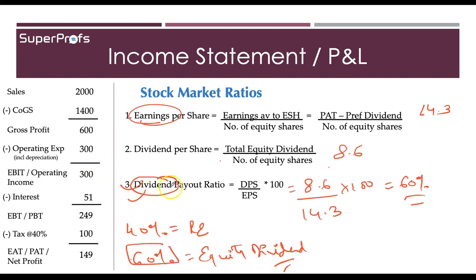Basically, what is the payout of the dividend, which is the equity dividend? If from the total earnings available to the equity shareholders you are taking 40% as retained earnings or in the reserve and surplus, 60% is left, and therefore this is your dividend payout ratio. You can use 8.6 by 14.3, or this formula, and it will give you the value.